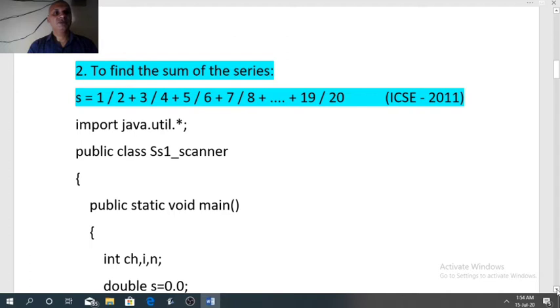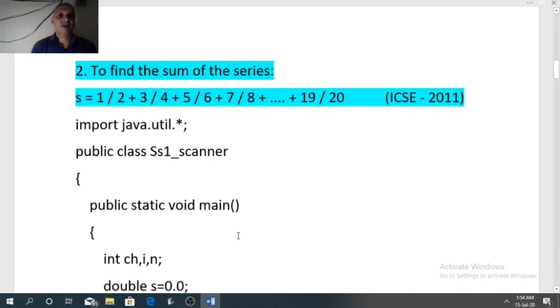In case 2 we need to find the sum of the given series s equal to 1 by 2 plus 3 by 4 plus 5 by 6 plus 7 by 8 and so on, and the last term of the series is 19 by 20. This question was asked in ICSE 2011.